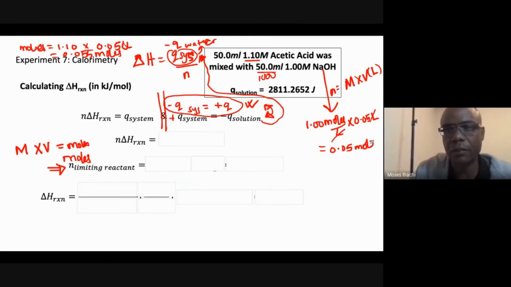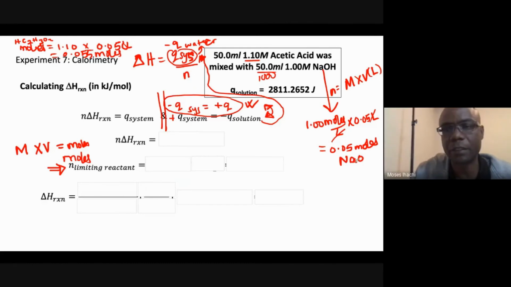Now compare the two. If you write the equation of reaction, the reacting ratio is 1 to 1. Acetic acid is 0.055 moles. Sodium hydroxide is 0.05.